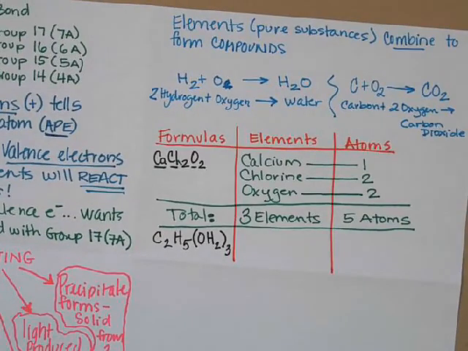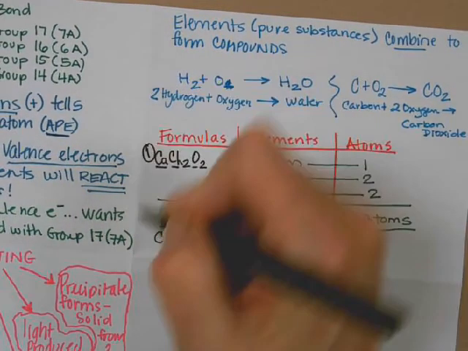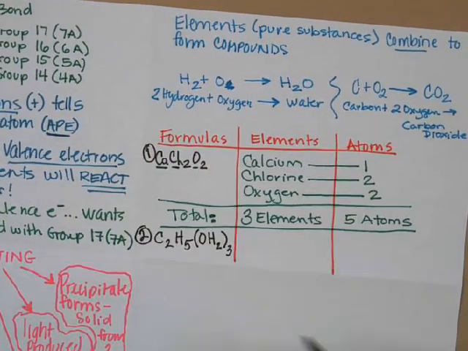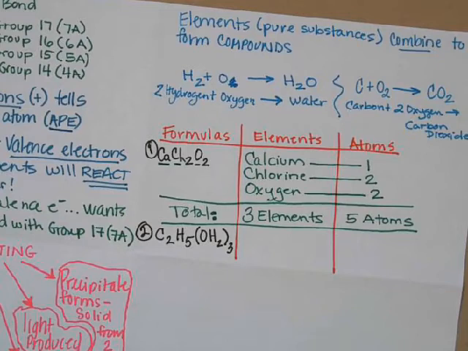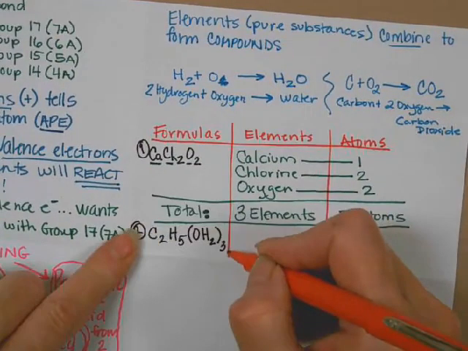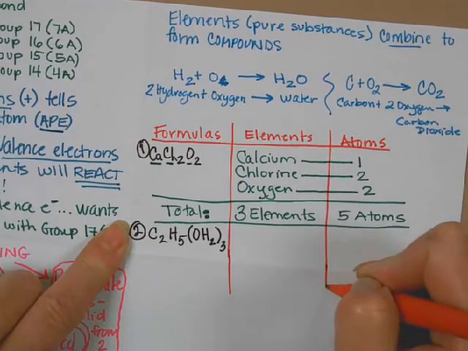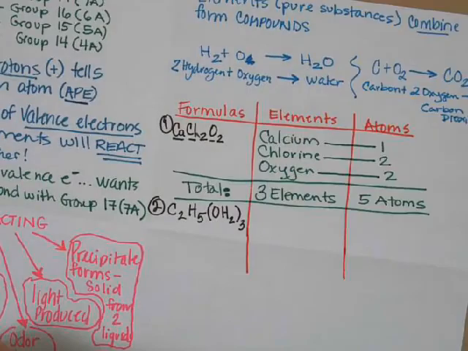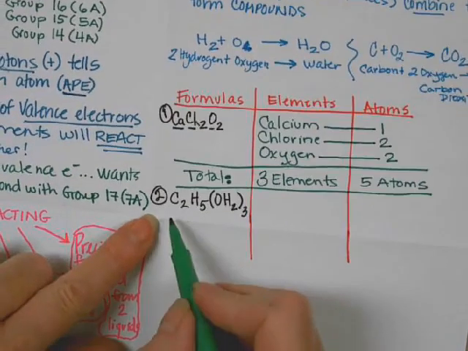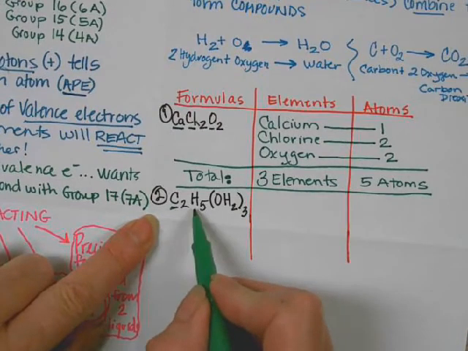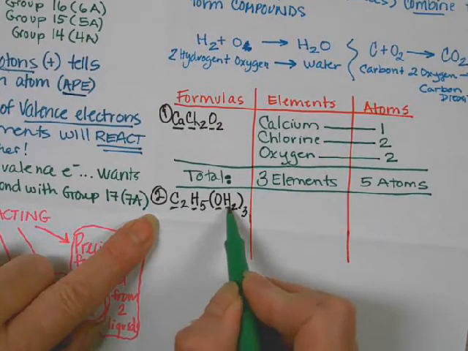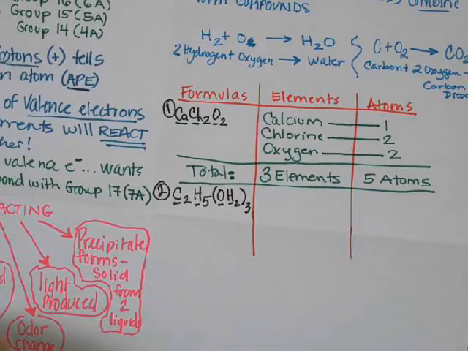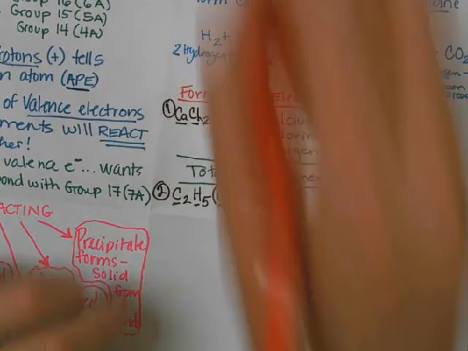All right, we're going to do the same thing. So this was number 1. This is problem number 2. Let's see. So, what elements are present here? What do we have here? So, we have C, H, O, and H. Again, remember you only count each of them once.